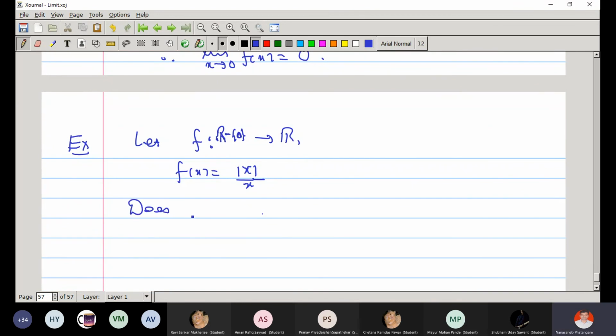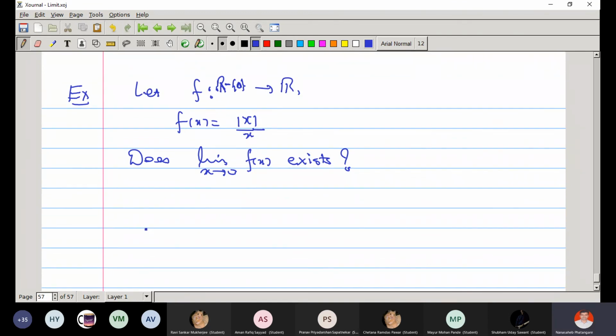Now, can we talk about the limit as x tends to 0? We can talk about the limit because 0 is a cluster point of the domain, but whether it exists or does not exist, that you think about.